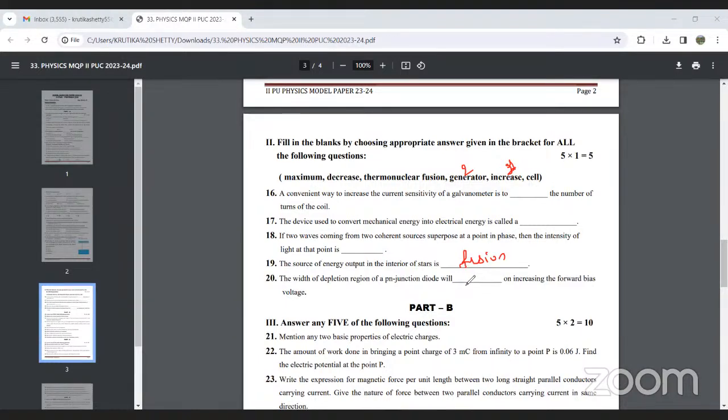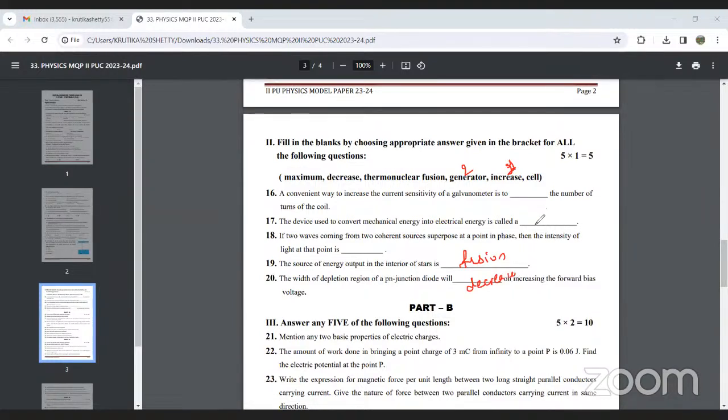The width of the depletion region of a PN junction diode will dash on increasing the forward bias voltage. So here it will decrease.